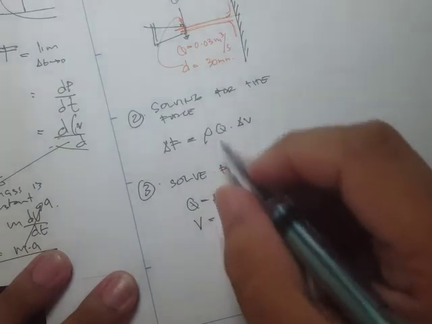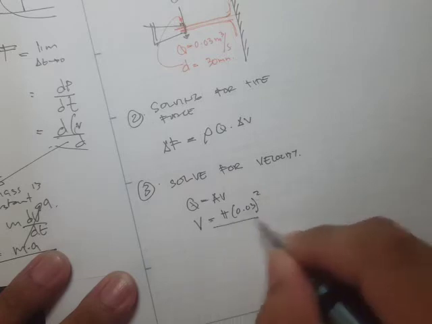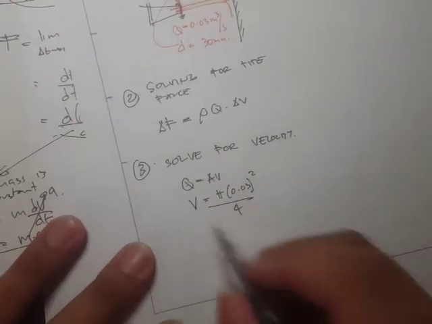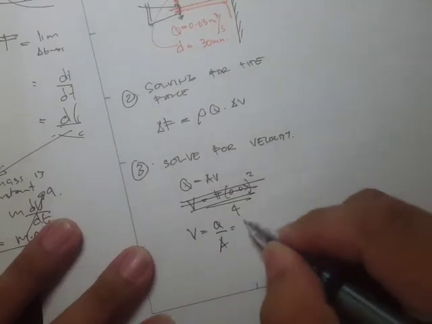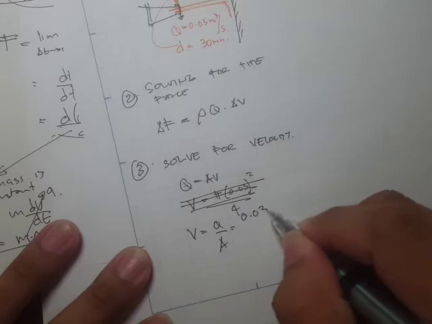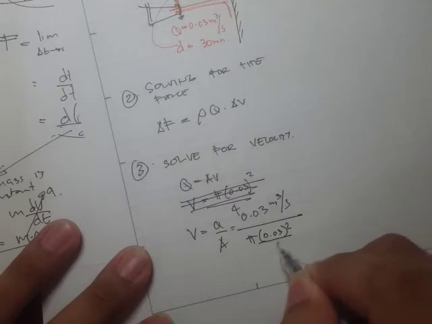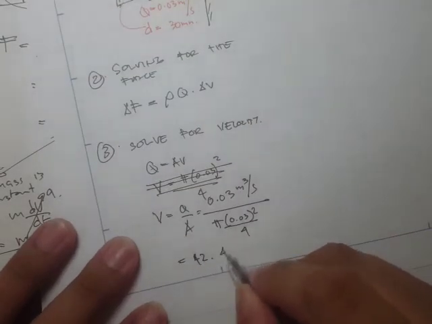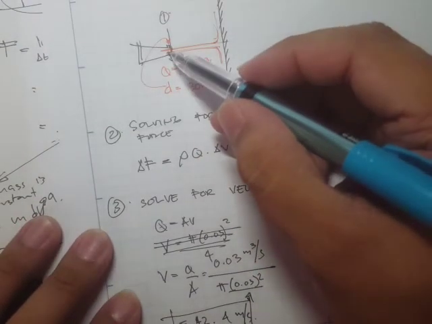The area is just pi times 0.03 squared all over 4. So this one is 0.03 meter cube per second over pi times 0.03 squared all over 4. Therefore, our velocity is 42.4 meters per second.